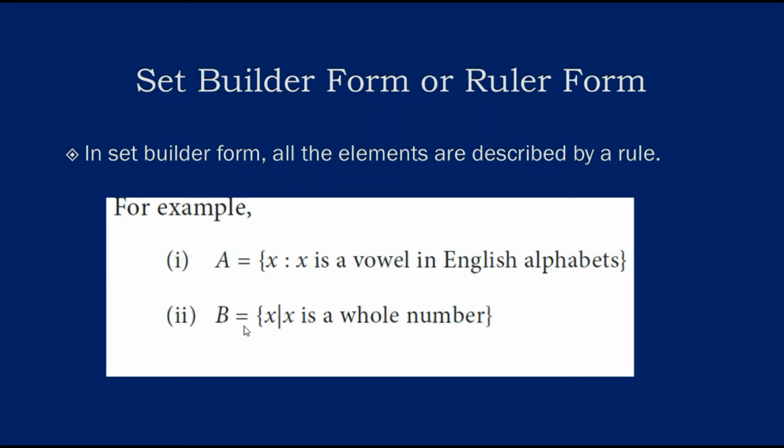B is equal to {x such that x is a whole number}. From this rule we can understand that x is an element in whole numbers.